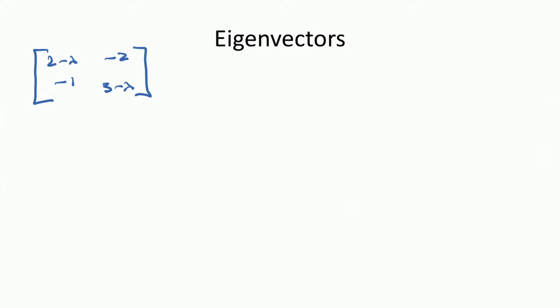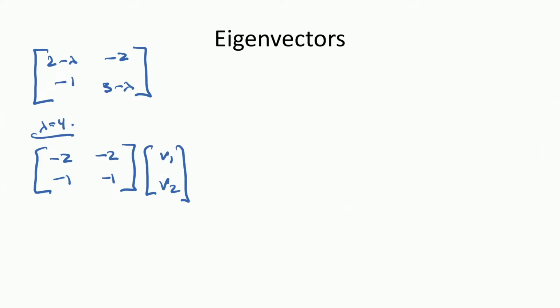Okay. So lambda equals 4. We're going to do that one first. So we have 2 minus 4, which is -2. And then 3 minus 4 is -1. And this is going to equal 0, 0.